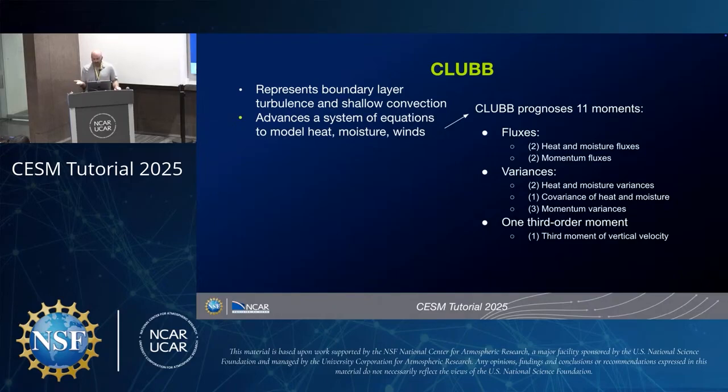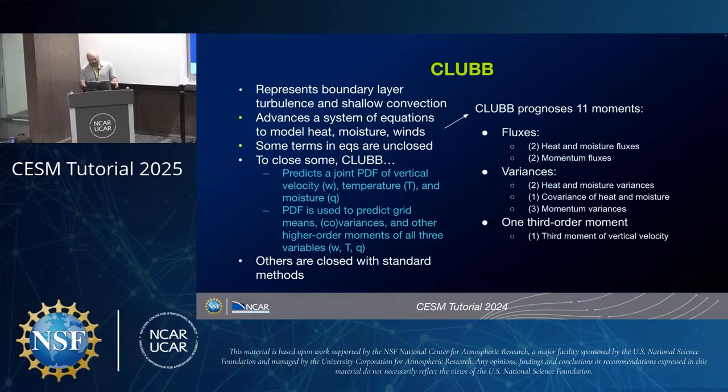But yeah, heat and moisture fluxes, momentum fluxes, heat and moisture variances, the covariance of heat and moisture, momentum variances, and then there's one third order moment of vertical velocity. It's kind of hard to explain briefly, but that's what allows CLUB to model shallow convection, actually, the fact that it has a third order moment as well.